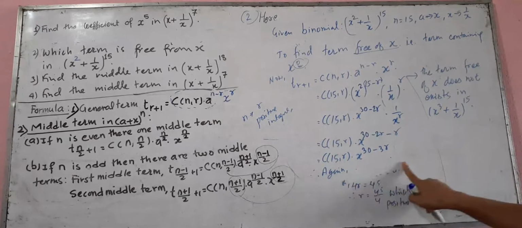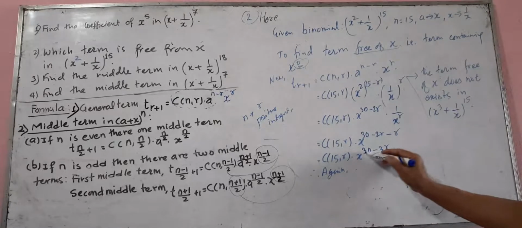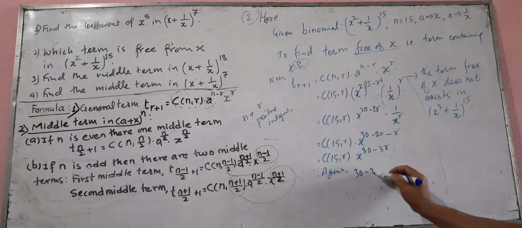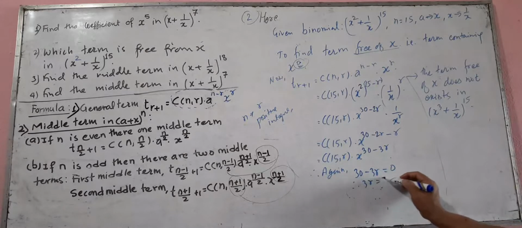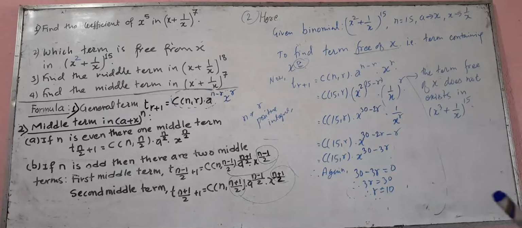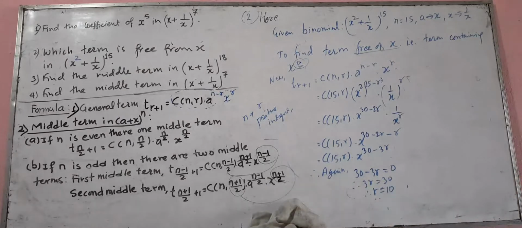So now this 30 minus 3r is equated with 0. This means 3r is equal to 30. Therefore the value of r is 10. So now this is a positive integer. If it is negative, then it doesn't exist.